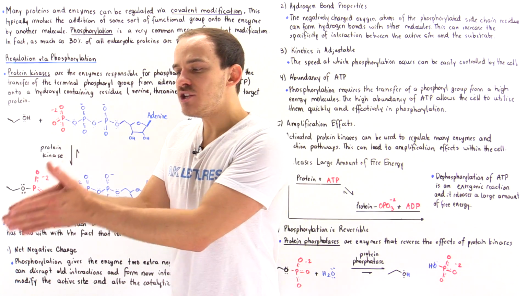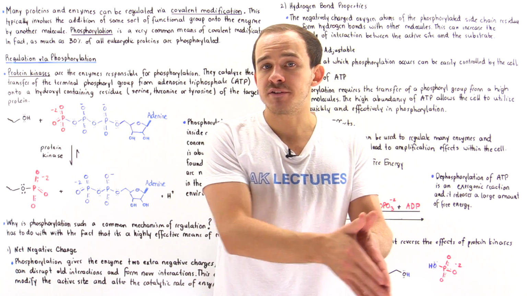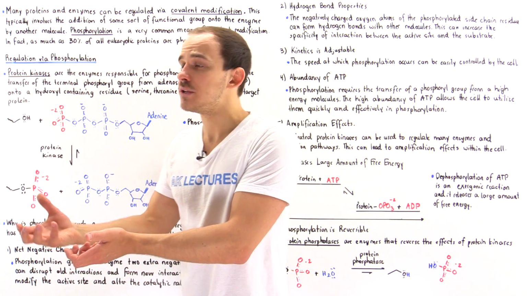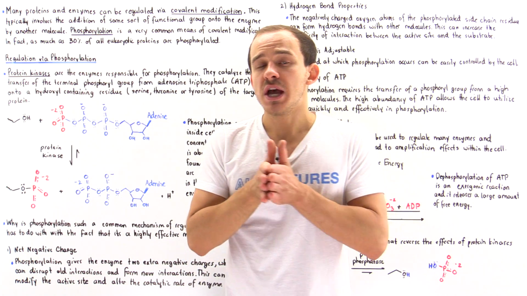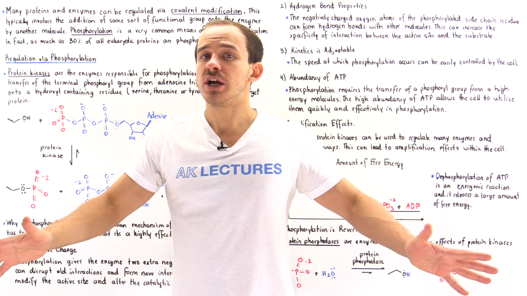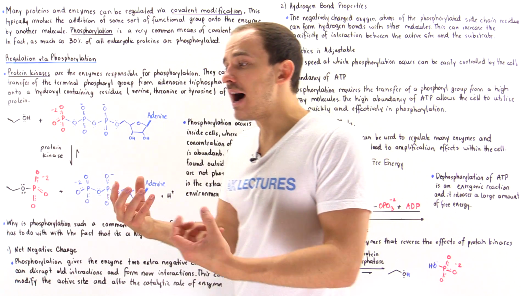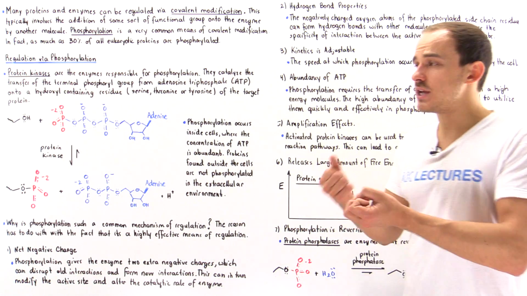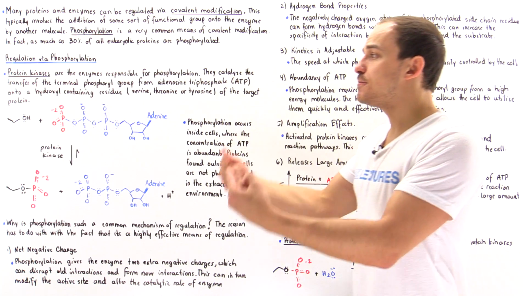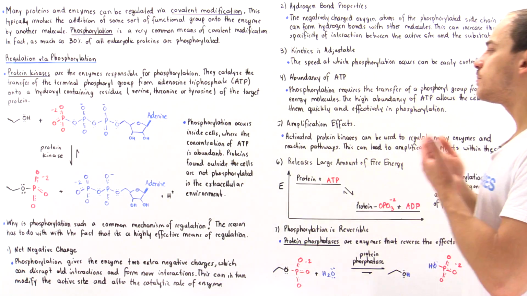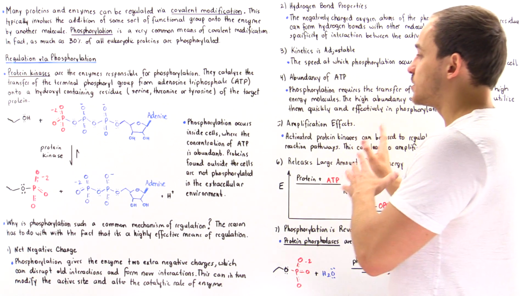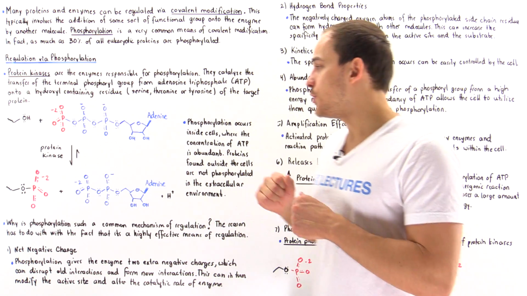If each one of these enzymes itself carries out some type of reaction, the protein kinase, by activating all these other enzymes, amplifies the result. It amplifies all these different reactions, and that greatly speeds up the number of substrate molecules which are transformed to product molecules. We'll discuss this in much more detail in a future lecture.